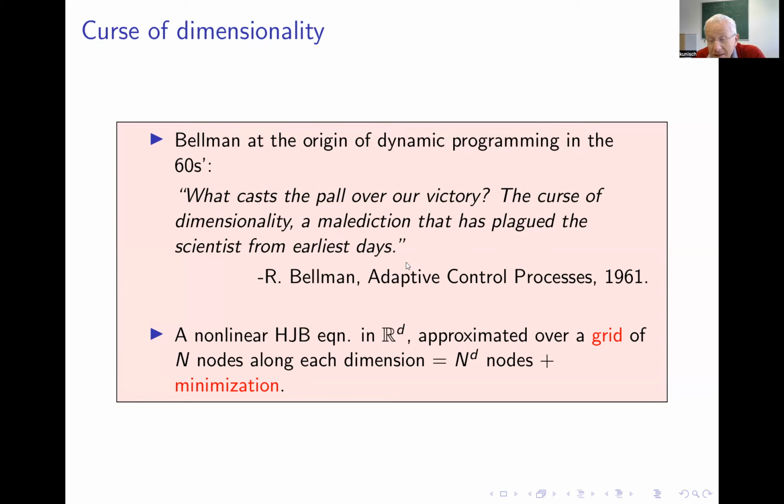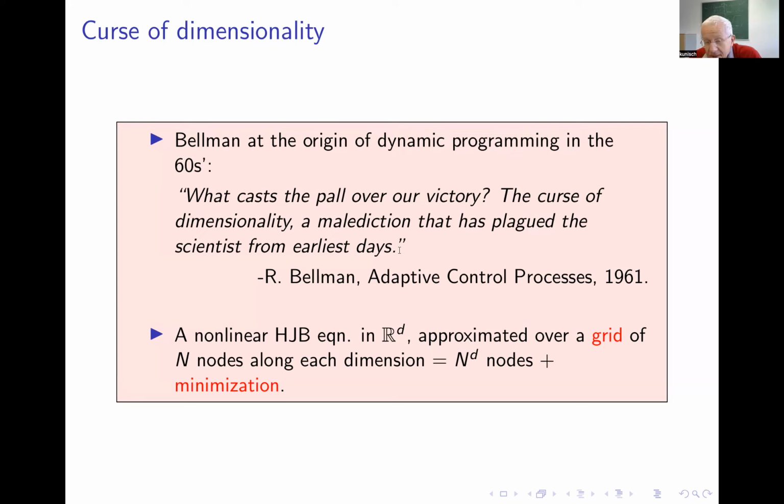There was a tremendous step forward on the analytical side with the viscosity solutions, but the numerical treatment of the HJB equation is still a challenge. And I think it's an interesting challenge because in working towards it, we develop concepts towards how to deal with the curse of dimensionality.